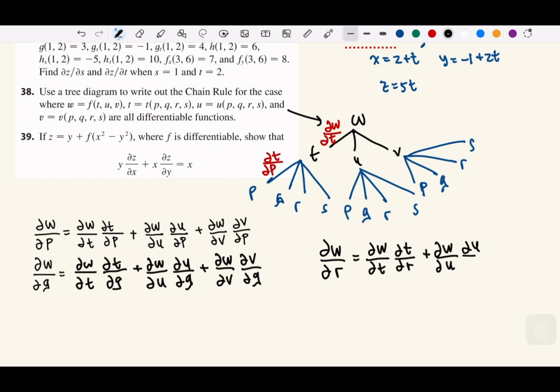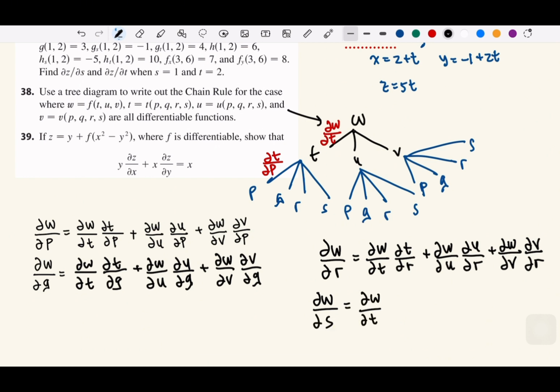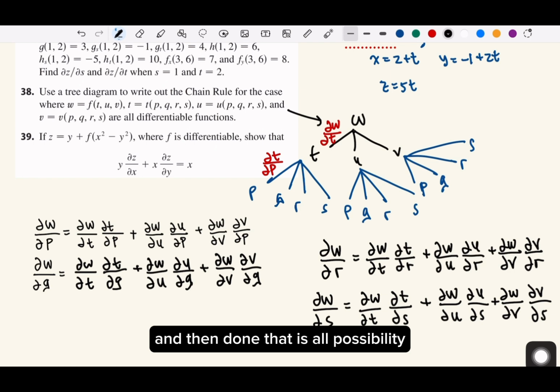U. And then the last one is S. And then done. That is all the possibilities.